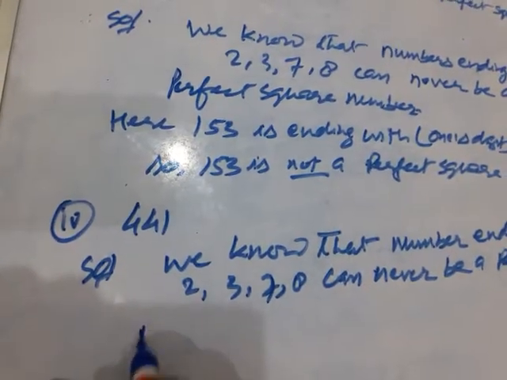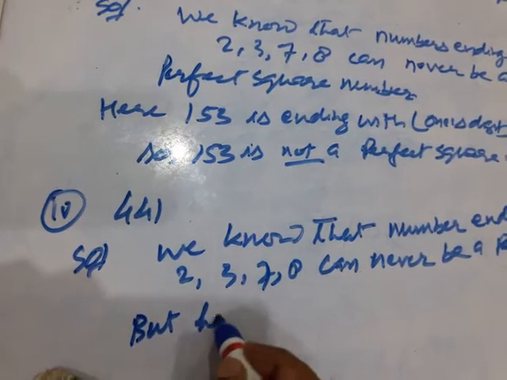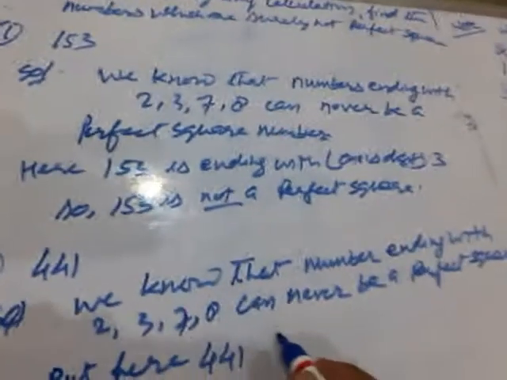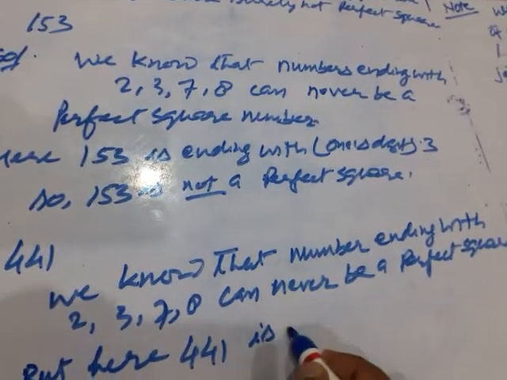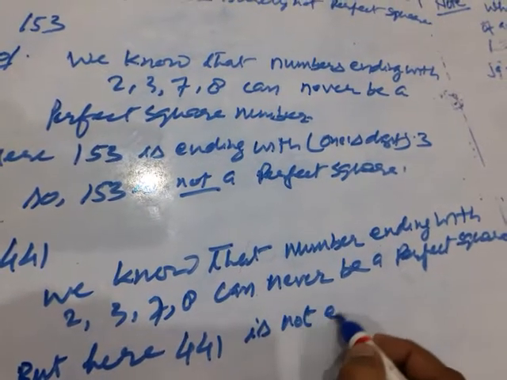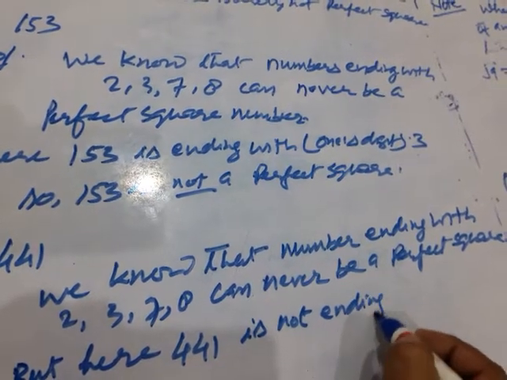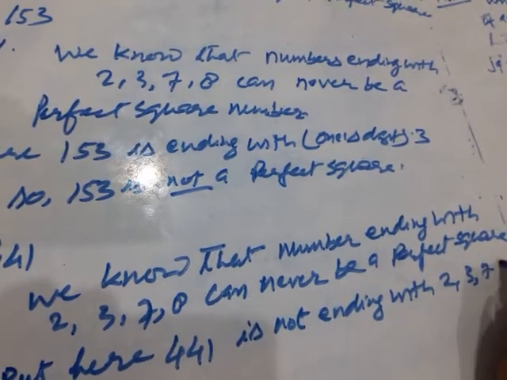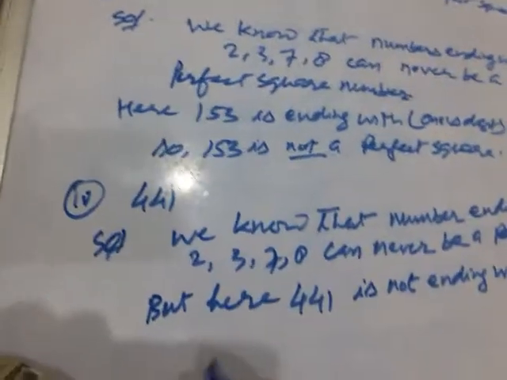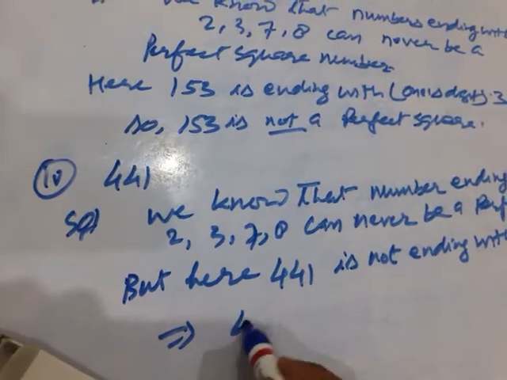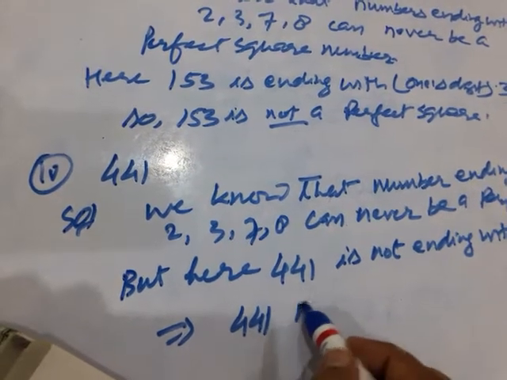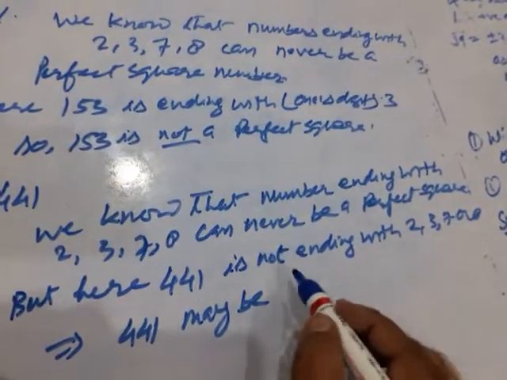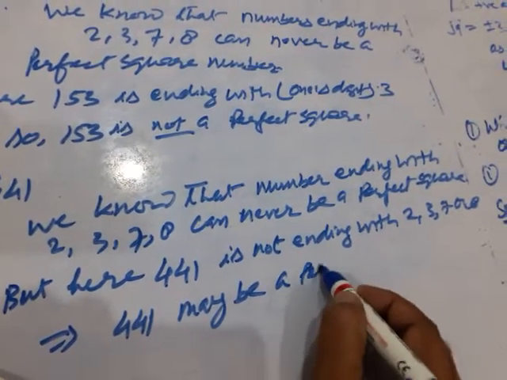But here 441 is not ending with 2, 3, 7 or 8. This implies that 441 may or may not be a perfect square.